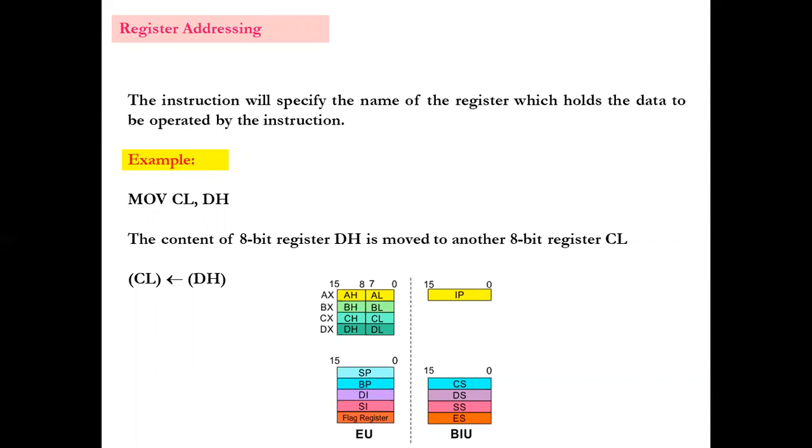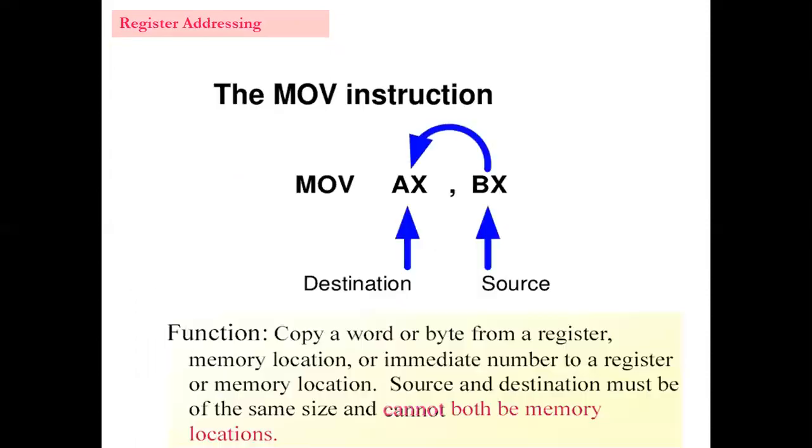This is the first example: MOV CL, DH. The content of the 8-bit register DH is moved to the other 8-bit register CL. That is register addressing mode. Another example is MOV CX, AX, which copies the content of the 16-bit AX register into the 16-bit CX register.